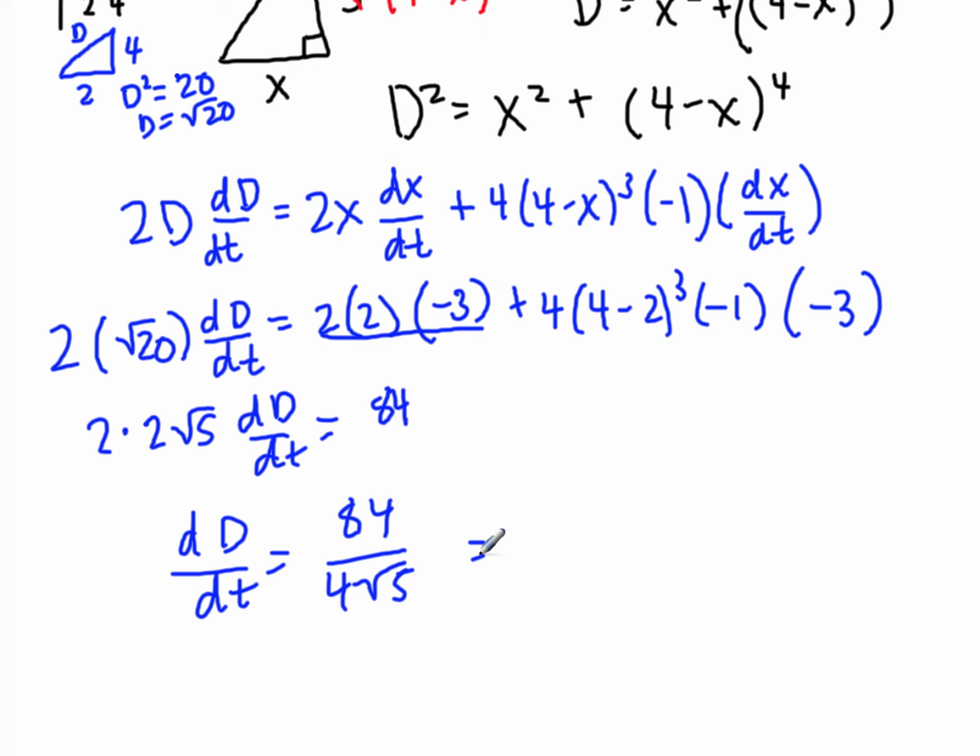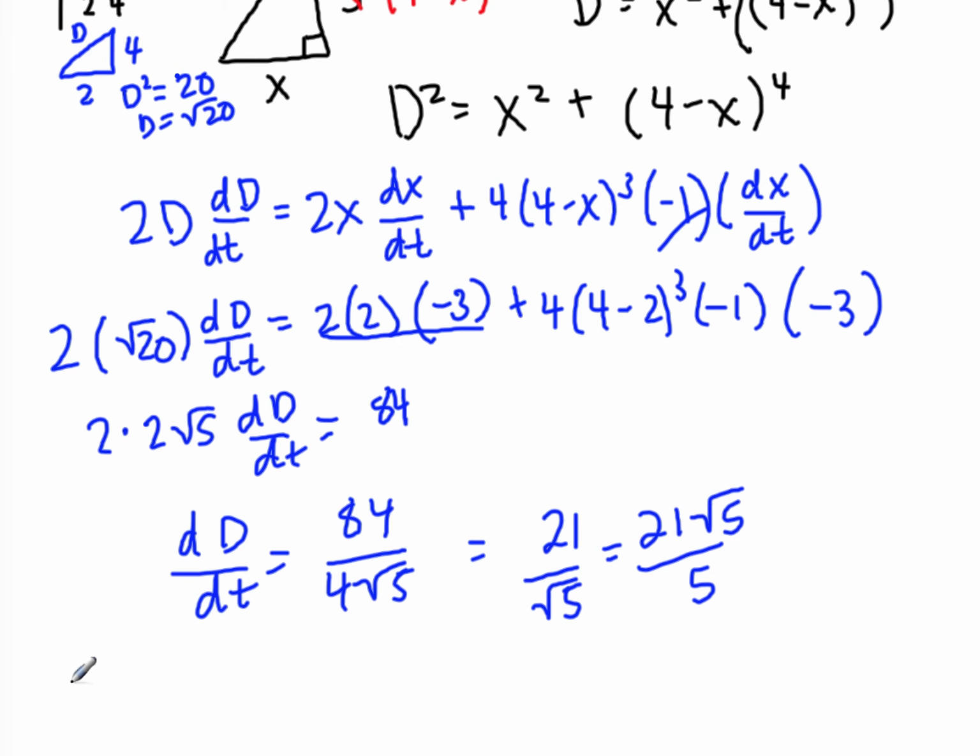I can simplify this to be, let's see, actually we can just go ahead and call that 21 over root 5, which is 21 root 5 over 5. And that's our rate of change.